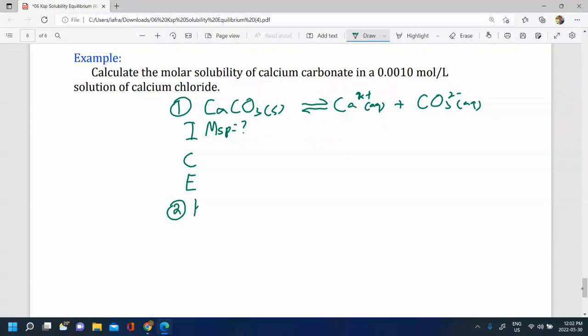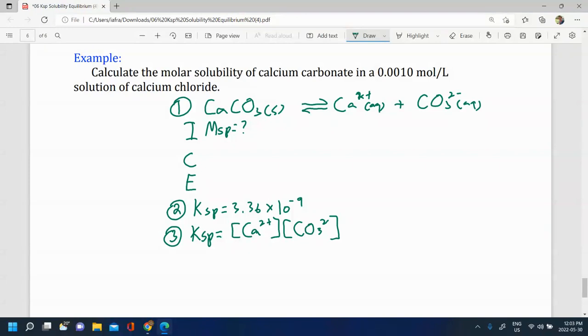So Ksp is equal to 3.36 times 10 to the power of negative 9. And if you want to write a Ksp expression, you would simply do Ksp is equal to the concentration of your two ions multiplied by each other. And none of them are squared because there's no coefficients, but if there were, you'd have to take that into consideration.